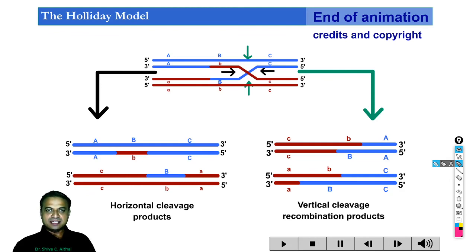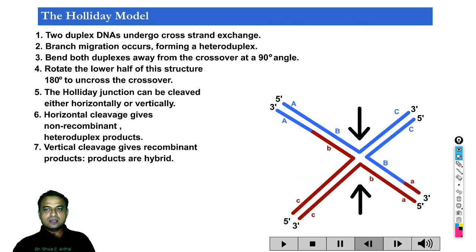One is 90 degrees in the initial stage, and then uncrossing over results by 180 degrees towards the left, 90 degrees towards the right, and 180 degrees towards the left, due to which a Holliday junction results. And when this happens, there is a cut introduced in the DNA, and that cut, as you can see here, can be from top to bottom or left to right or right to left.